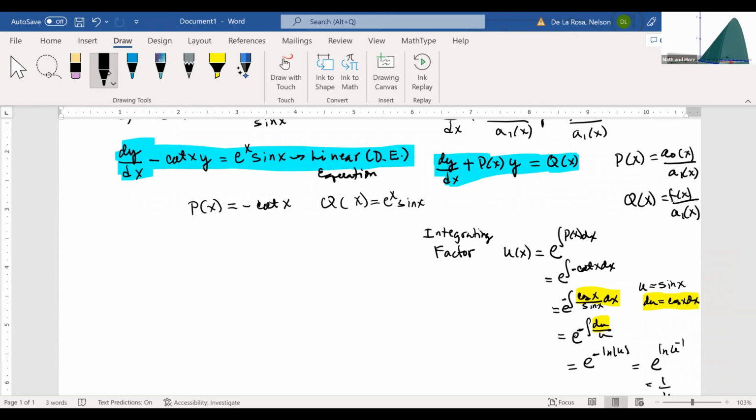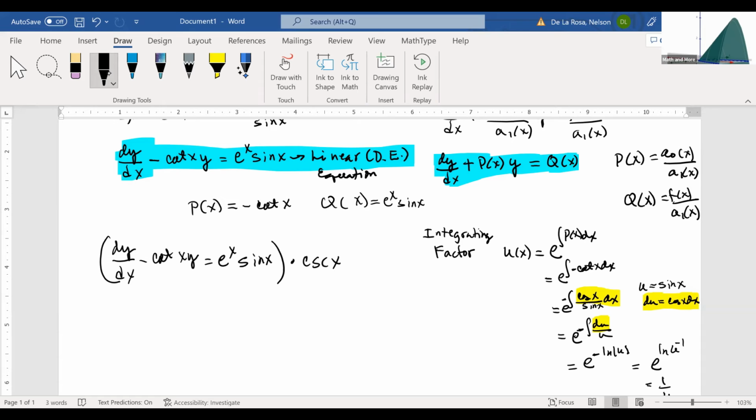Our linear equation is dy dx minus cotangent of x y equals e to the x sine of x, and we multiply by cosecant of x, remembering cosecant is 1 over sine.